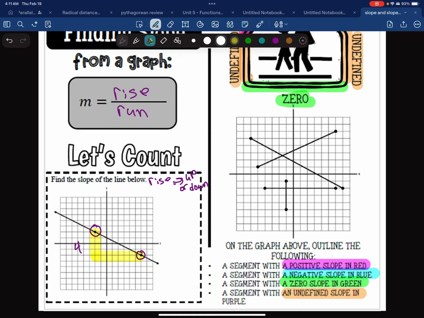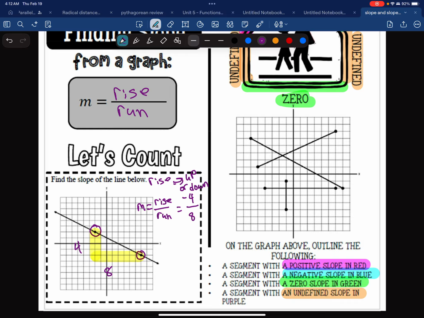Now, we know that slope is rise over run. Our rise is -4. How do I know it's -4? Because it's going down, and if it's going down, it has a negative slope. And what's my run?